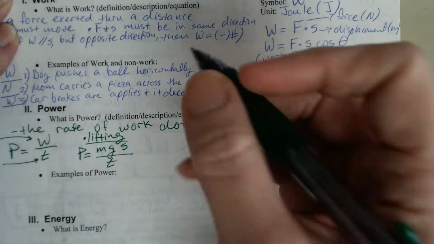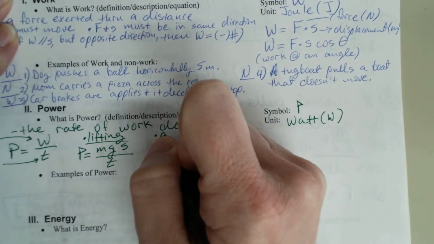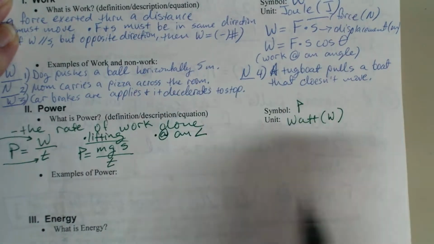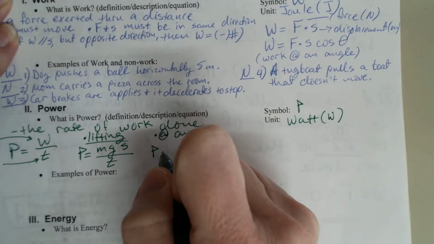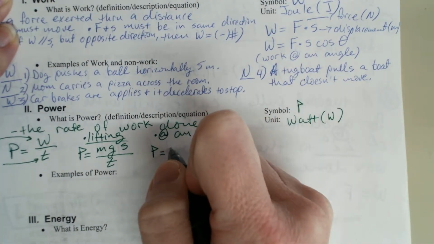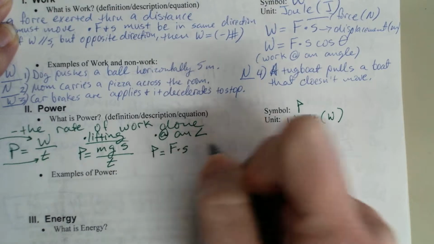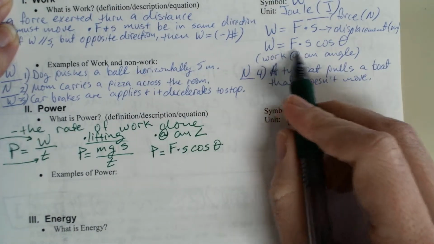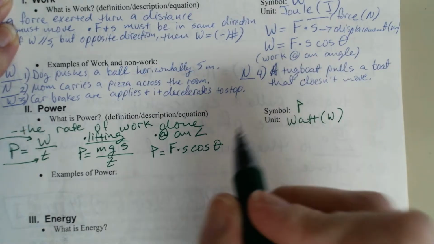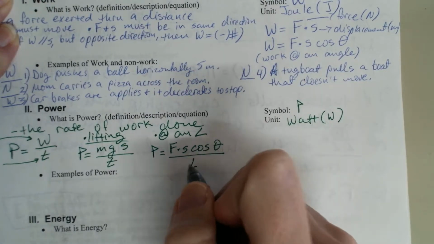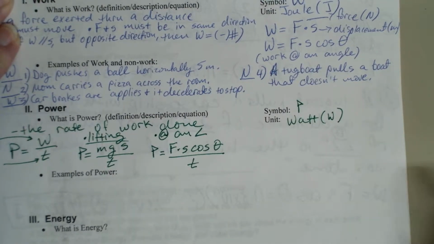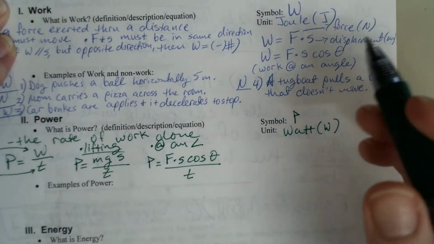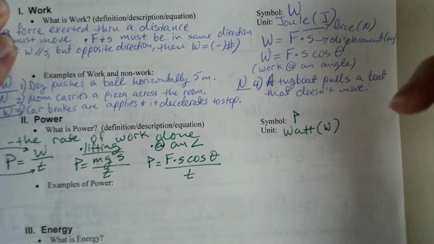And of course, if you're doing something at an angle, then power is equivalent to force times displacement times cosine theta, just like work at an angle, Fs cosine theta, over time. Okay, so that's it. One thing I didn't tell you last class was what a joule actually is.